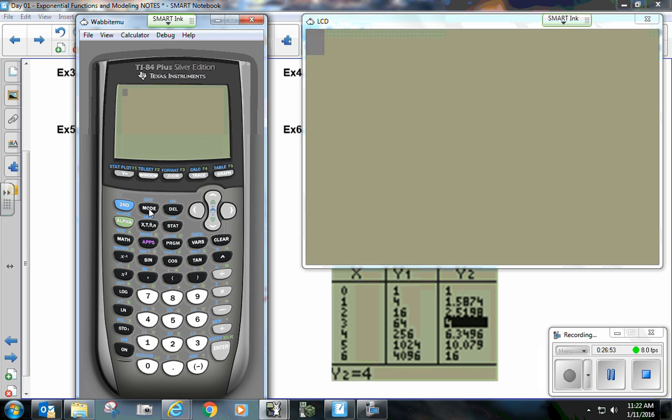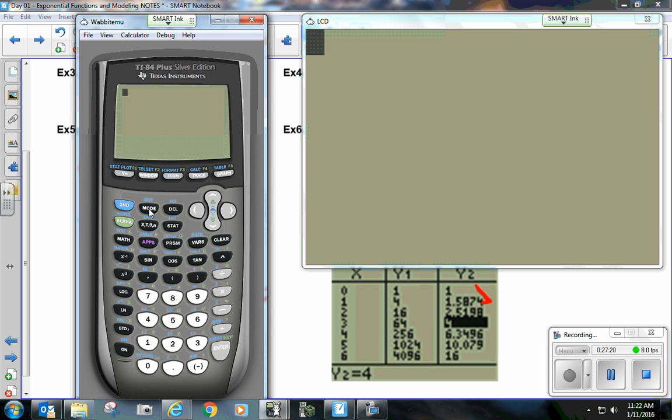what this rate of change is between these two, how can I do that? It goes from 1 to 1.5874. But what is 0.5874? You guys remember, oh man, this is algebra back in the day. How do I find the percent of increase or decrease?